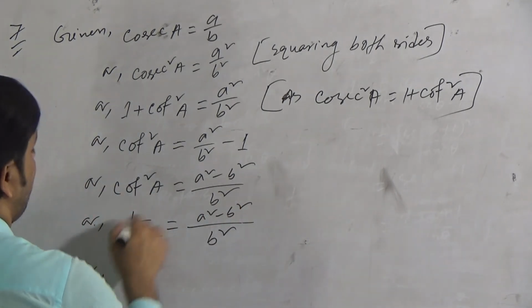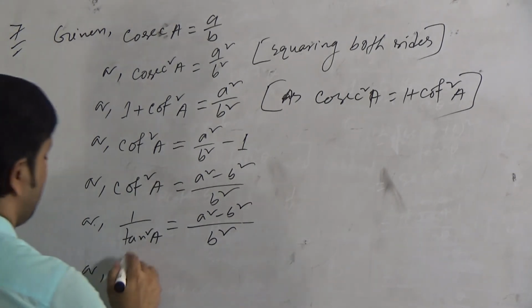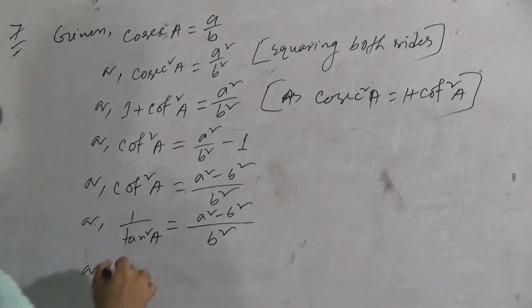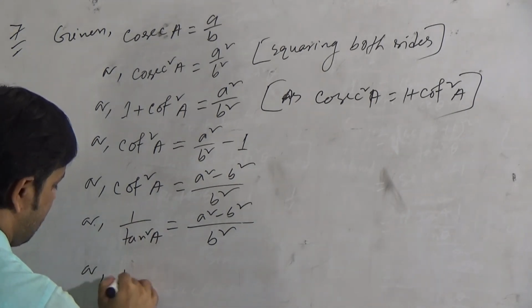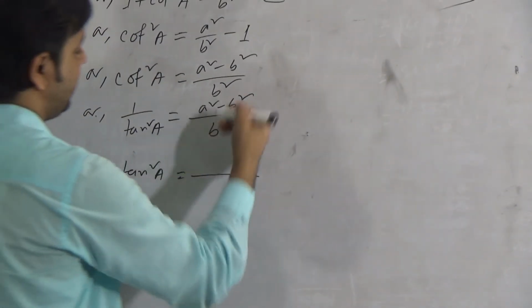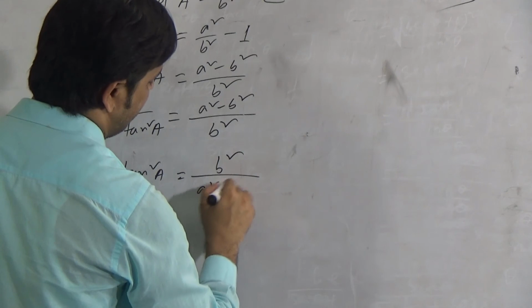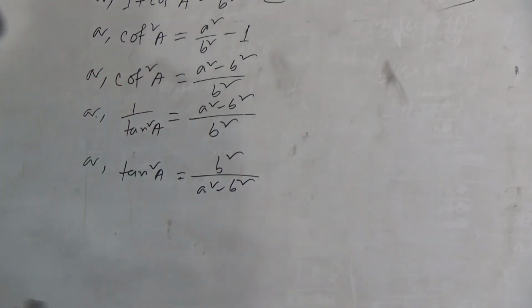Now we need tan A, so we have to take the opposite fraction. So we can invert it and write tan square A is equal to B square in the numerator and A square minus B square in the denominator.